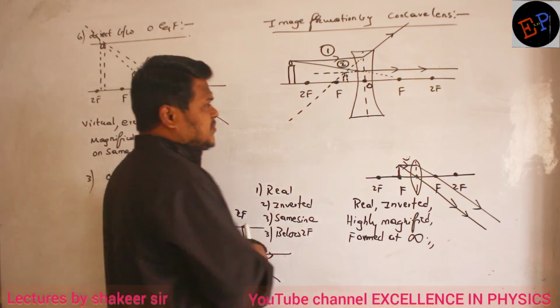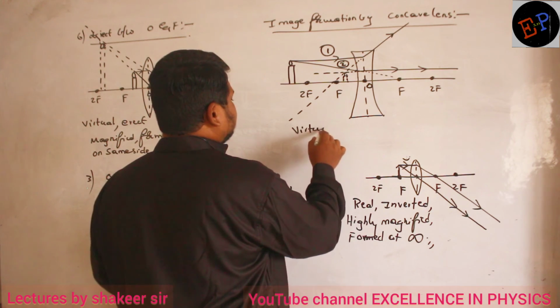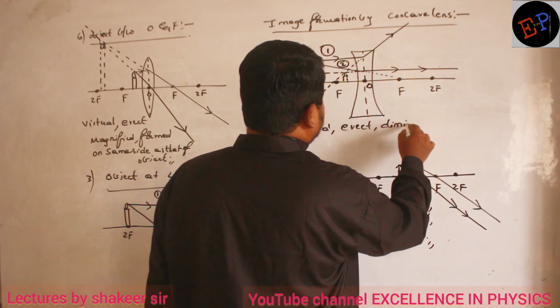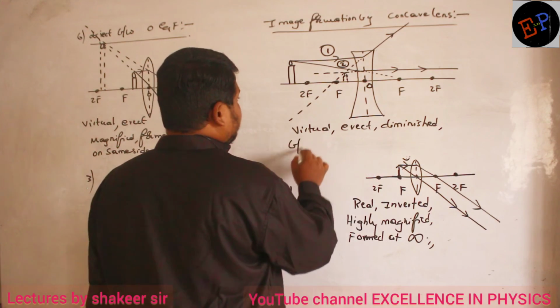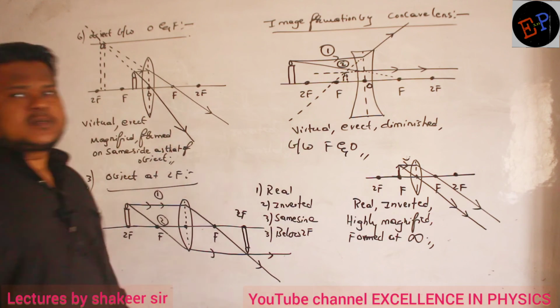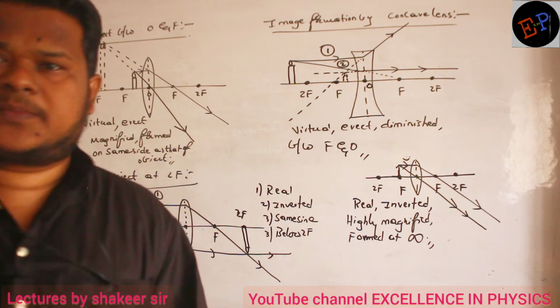So what is the nature of the images which are created? Virtual image, erect image, diminished image, small image, and where it is present: between focus and optical center. So these are the properties of the image. Fine. That's it. Okay, try with other methods.